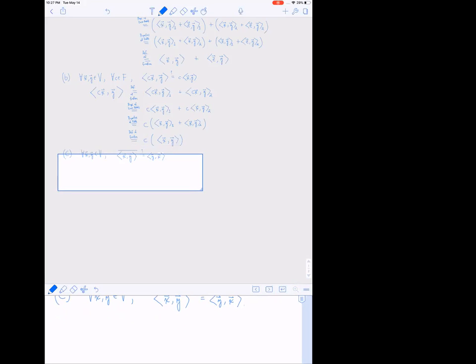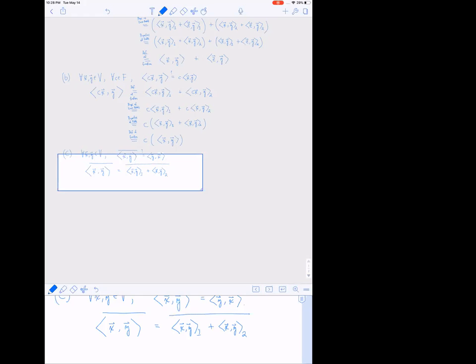So again, let's start with the thing on the left. That is x comma y with the conjugate bar over the whole thing. Well, that's just x combined with y sub 1 plus x combined with y sub 2.